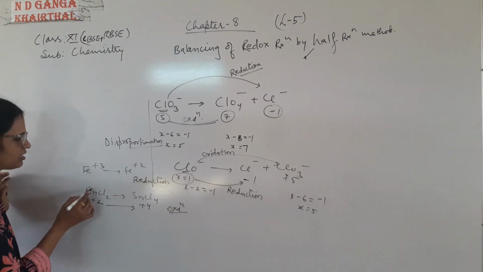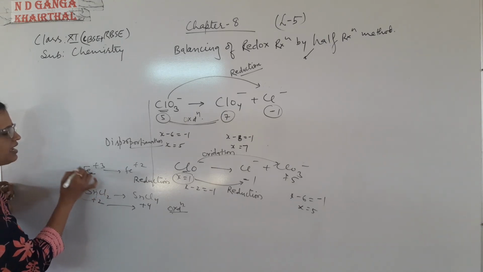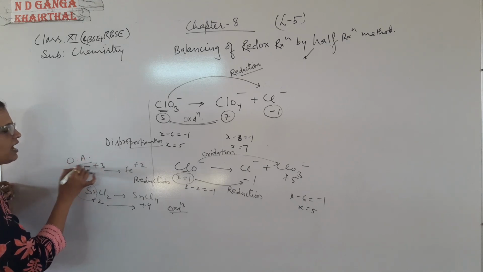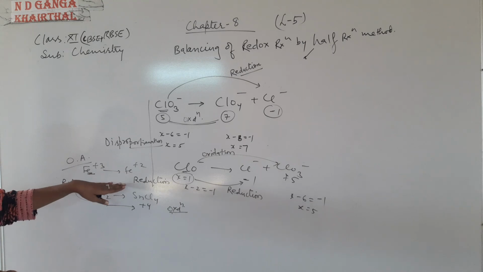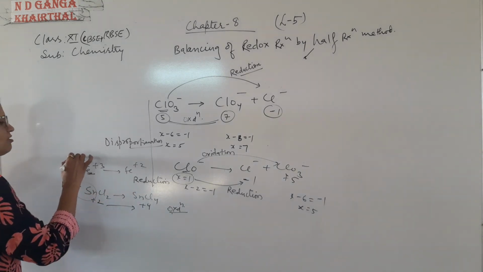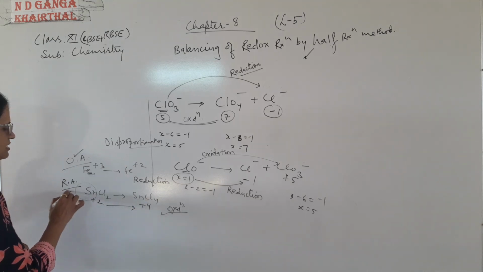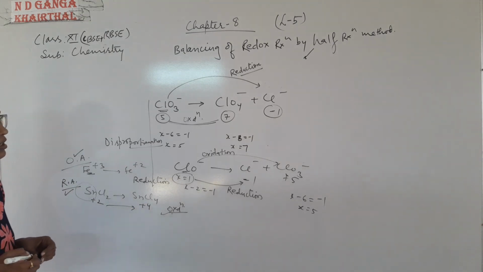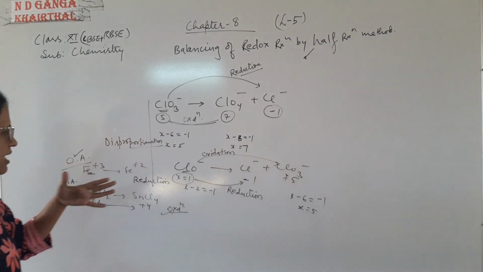So here Sn acts as a reducing agent, and Fe³⁺ acts as an oxidizing agent. The species whose reduction is going on acts as an oxidant, and the species undergoing oxidation acts as a reductant.